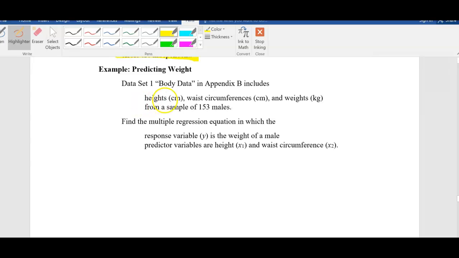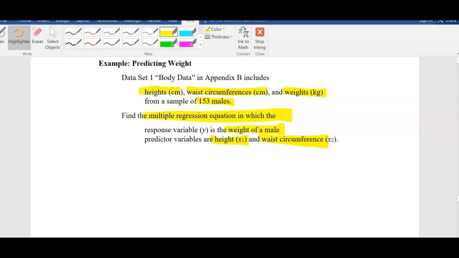I want to look at height, waist in centimeters, and weight for a sample of 153 males. I'm going to do a multiple regression equation where the dependent variable is the weight of the male. So what predicts the weight of a male? I think it's height and waist circumference, so we're going to look at these two and see what we come up with.